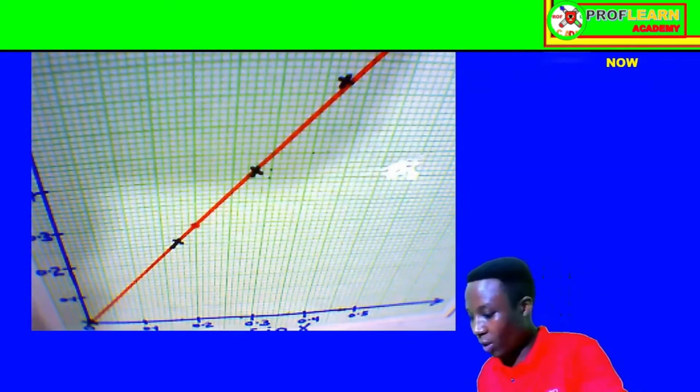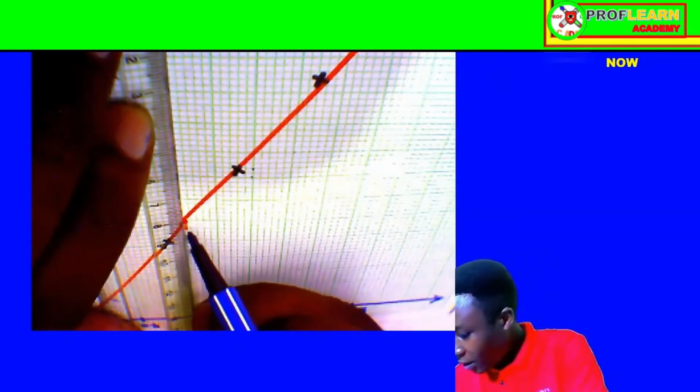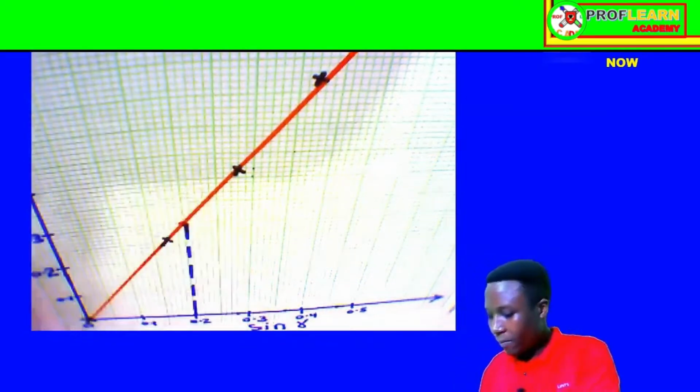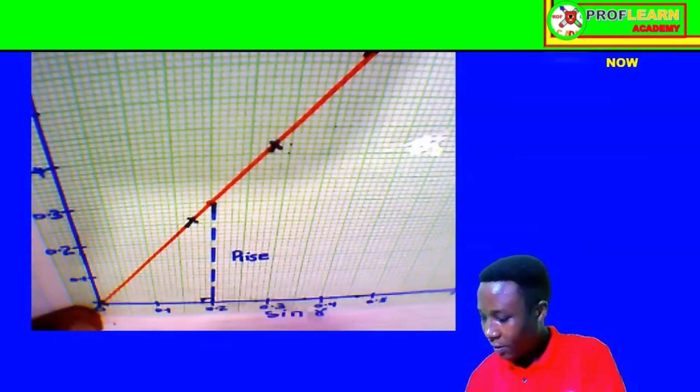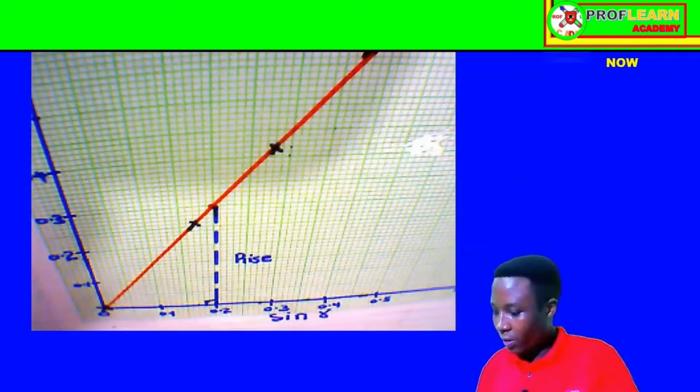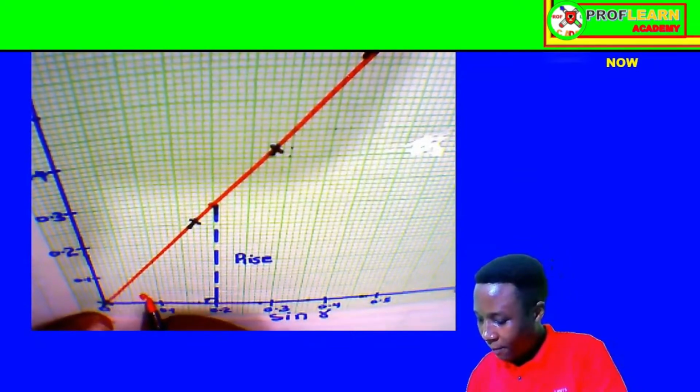If I can easily read that point, I can use it to work out the gradient. So I'll come and draw a straight line from that point I selected, such that I have a right angle triangle. This will be the rise, and also this will be the run.